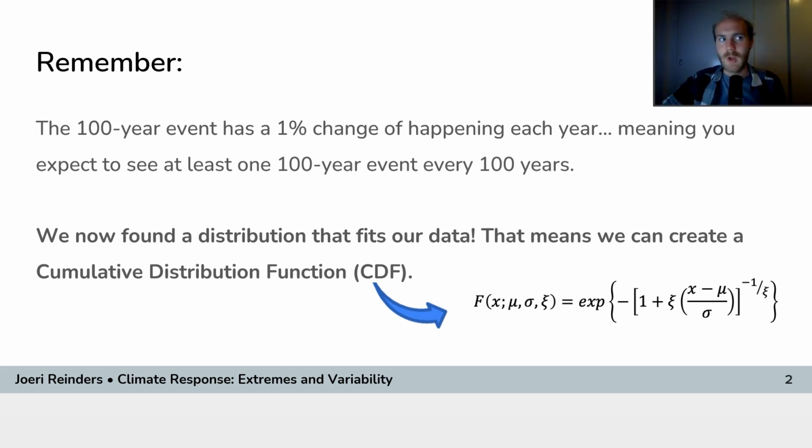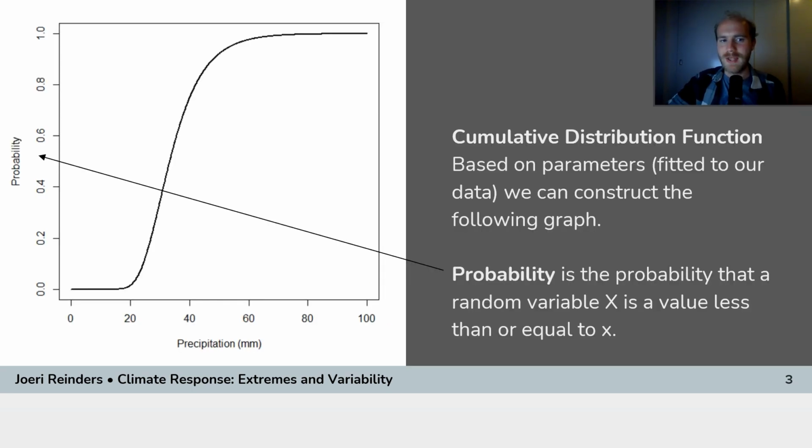We can compute those return levels and return periods from our data directly. We did that before, however, that wasn't perfect. So now we're going to use what we call the cumulative distribution function, a property of our distribution based on our data set or our parameter set that we fitted from our data. This is how that looks for any random set of parameters.